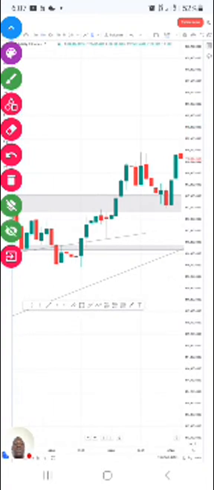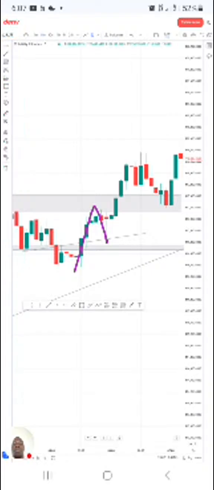So for the confirmation candlestick pattern, you can see here we had a push up, and then we came down, and then we respected this area here. After respecting it, we had a move upward, and then we have here a candlestick pattern that gives us this move. Are you getting the point?